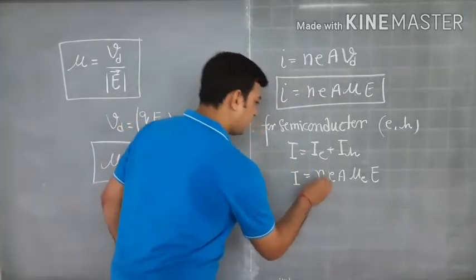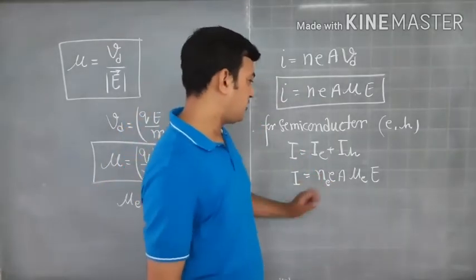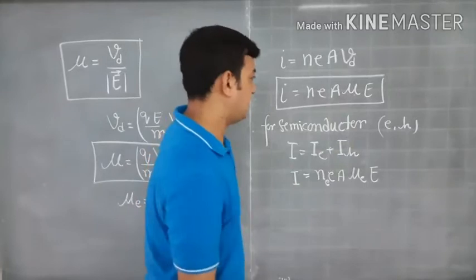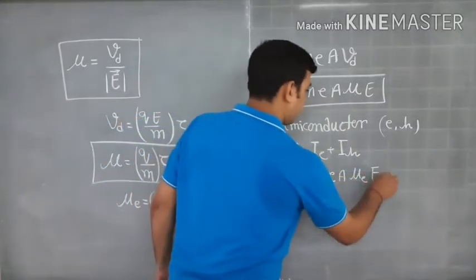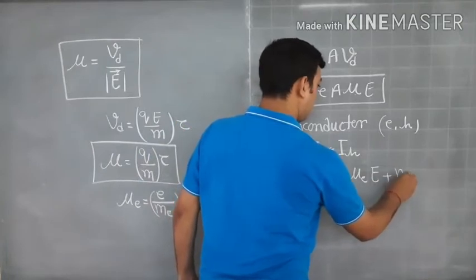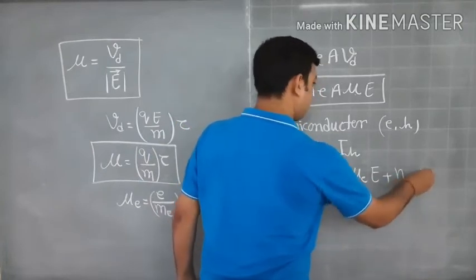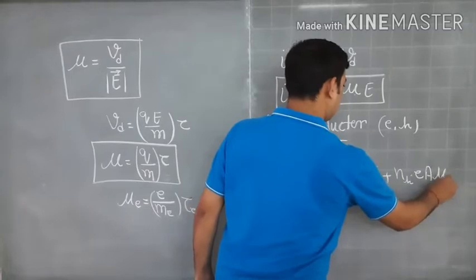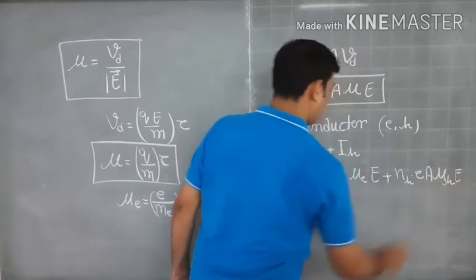I will write it as n_e because the concentration of electrons may be different from that of holes. And for holes I can write n_h, the concentration of holes, times charge, area, mobility of holes, and electric field.